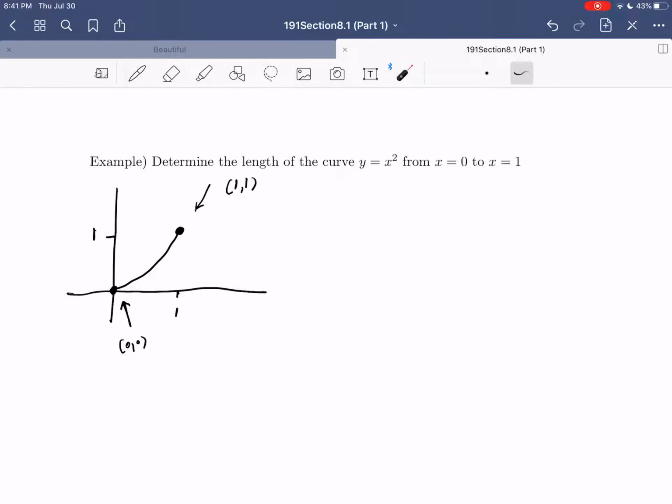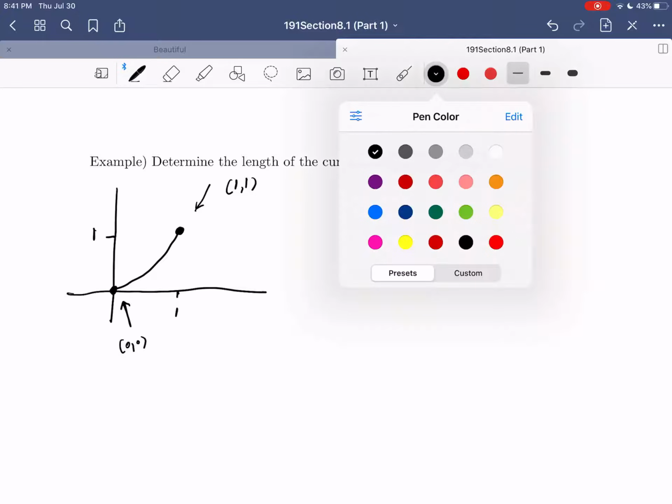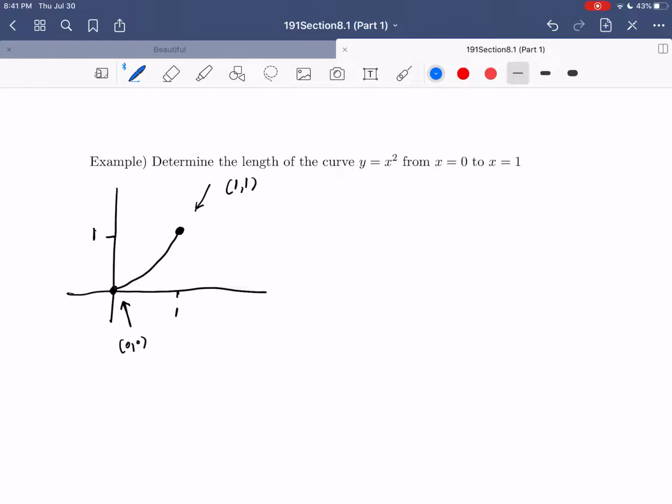Now, before we calculate the length of this curve, what I'd like to do is a couple little estimates. Let's first do the straight line distance. So that length would be very clearly the square root of (1 minus 0) squared plus (1 minus 0) squared. Just taking the difference in the x-coordinates squared, the difference in the y-coordinates squared, adding them together.